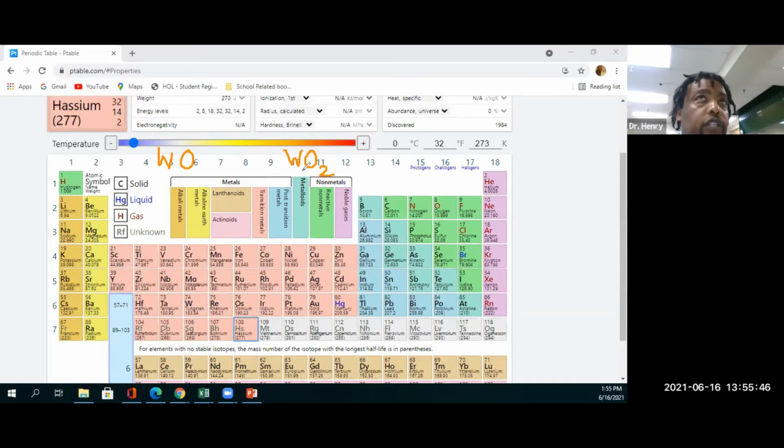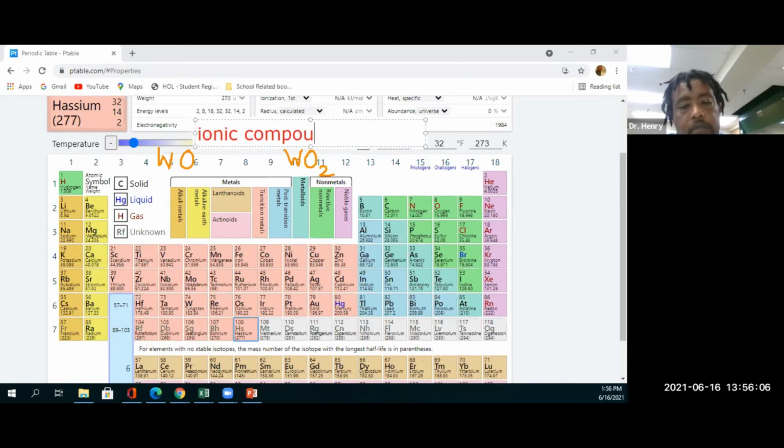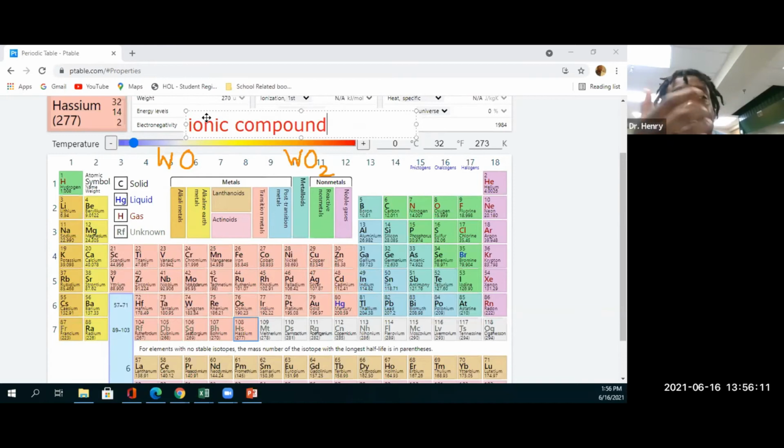Okay, so these are two compounds. These guys are going to be called ionic compounds because they involve ions. When you have a metal and a non-metal coming together to form a compound, that's an ionic compound. Now, the way that they come together is by charges.